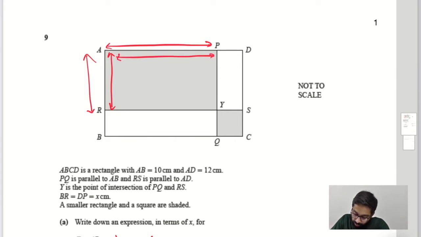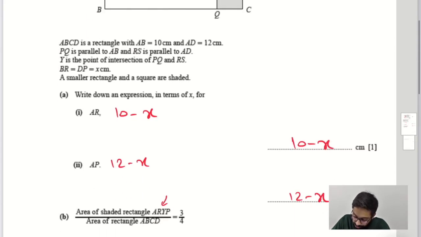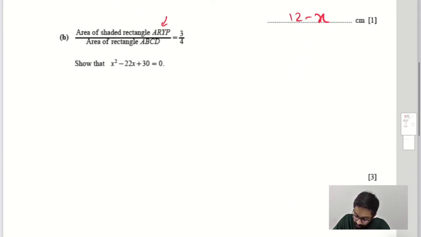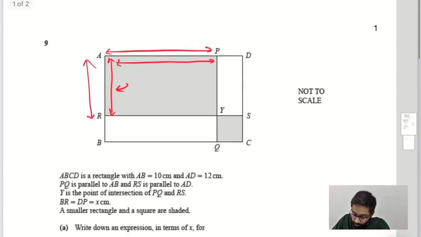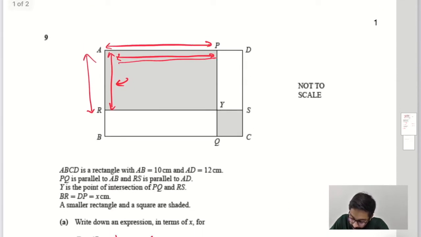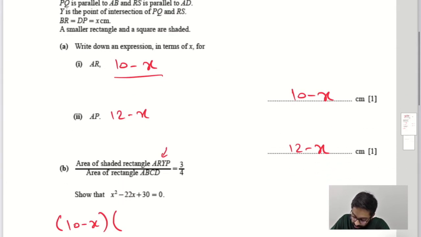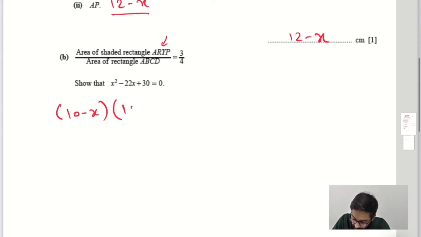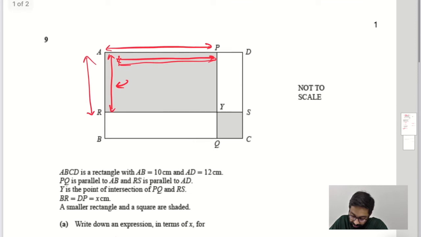So the width, which is AR, is of course mentioned in the first part, 10 minus X. So we do 10 minus X times the length, which is AP. AP is this length, which is 12 minus X. So we multiply this by 12 minus X over the area of the rectangle ABCD.